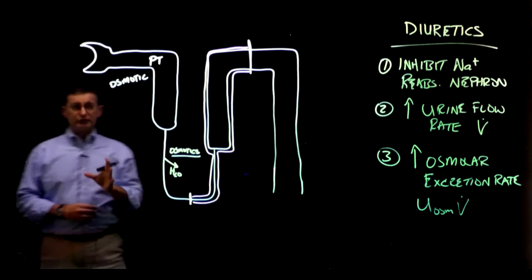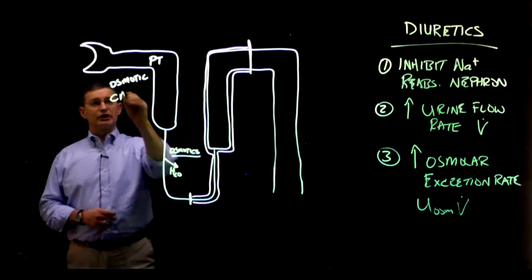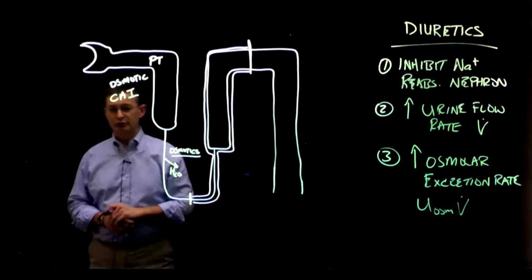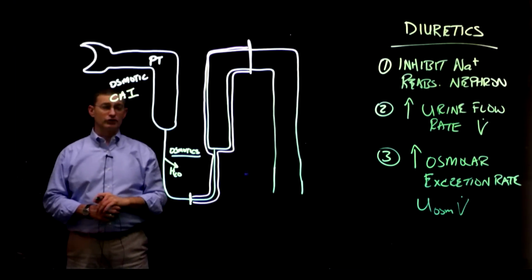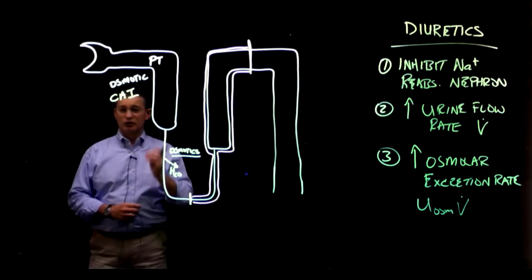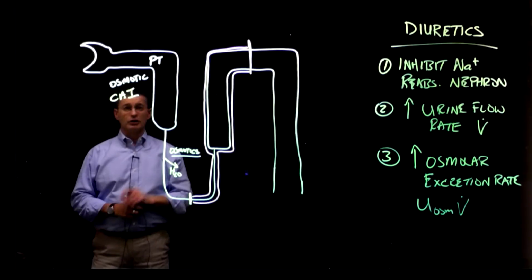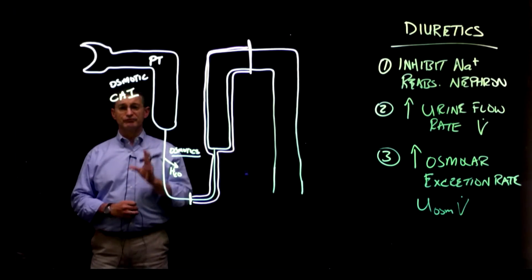The second major proximal tubular diuretic are carbonic anhydrase inhibitors, and the prototype of carbonic anhydrase inhibitors is acetazolamide. That blocks conversion of CO2 and water to bicarbonate and protons. It's chock full of the brush border in the proximal tubule, and it's very important for reabsorption of bicarbonate in the proximal tubule.